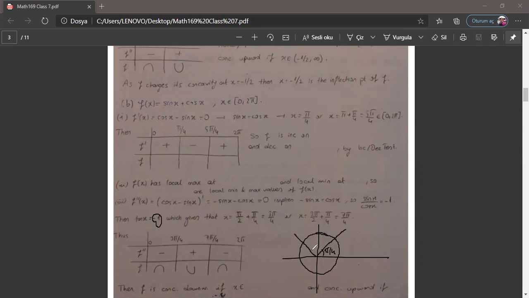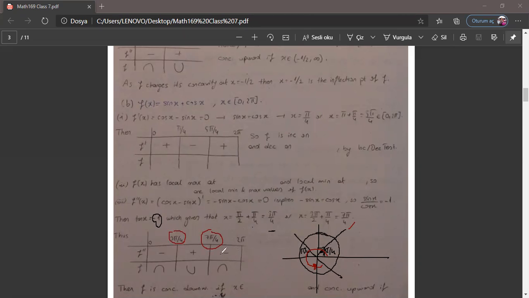Then either we have this angle, which is pi over 2 plus pi over 4, as we did here, or we need to have this angle, which is 3 pi over 2 plus pi over 4, which gives you this. So these are the roots of f double prime.